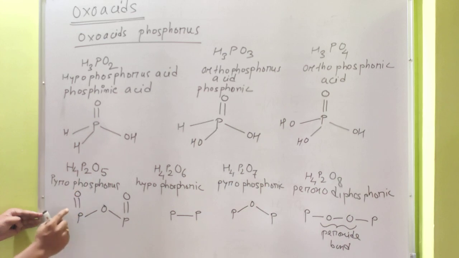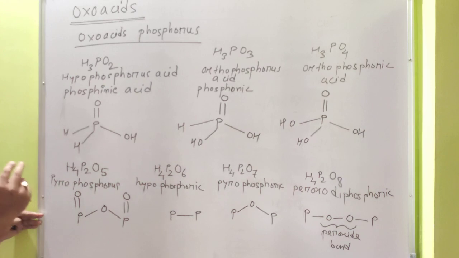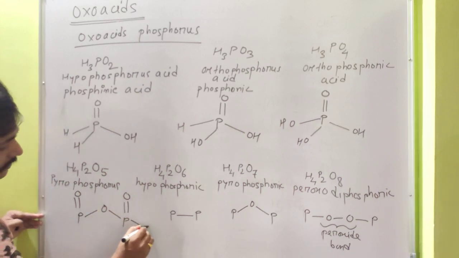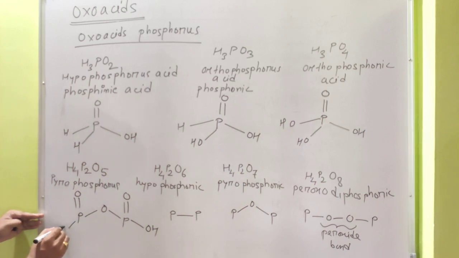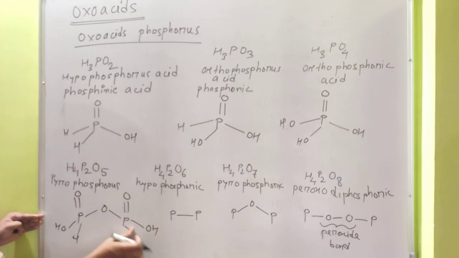Out of 5, 3 oxygens we have already placed. Now we are left with 2 more oxygens. So 2 OH bonds. Now distribute the 2 OH groups equally. One is here and one is here. Now we are left with 2 hydrogens. Also distribute equally. 1 hydrogen here, 1 hydrogen here.